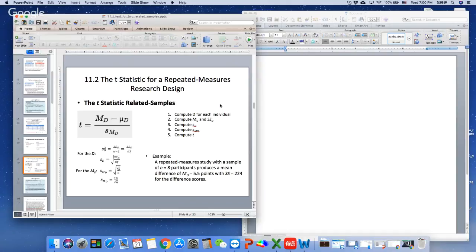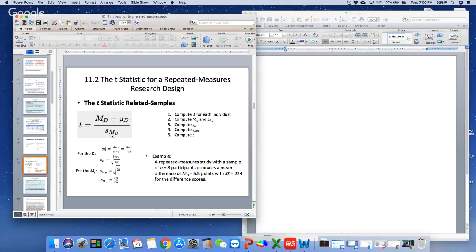For the repeated measure t-test, we use this formula to compute the t-value. To compute the t-value, we need to know mu D. We compute the D for each subject and then calculate its mean as the MD. The mu D here is always 0 based on the null hypothesis.